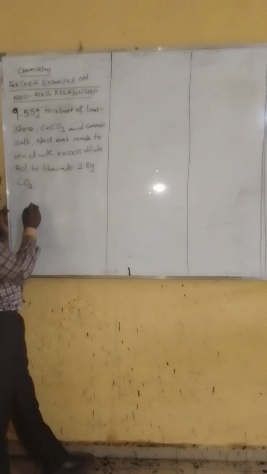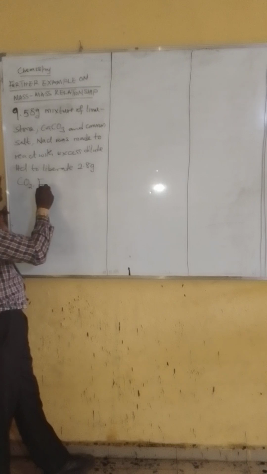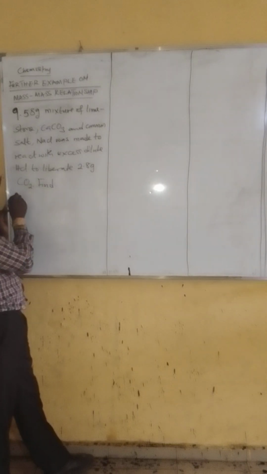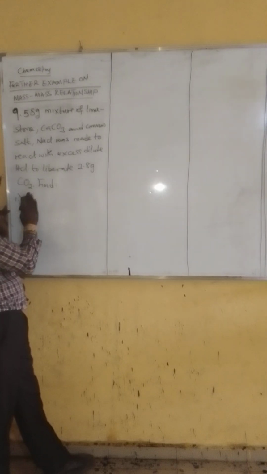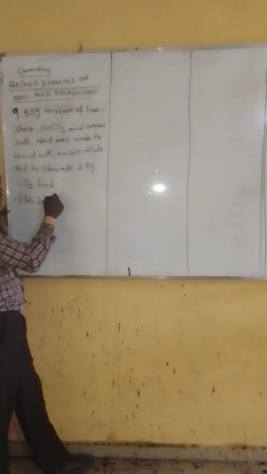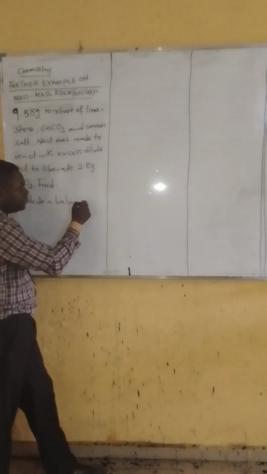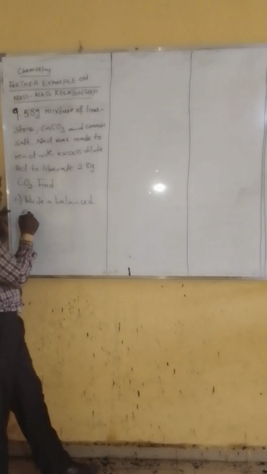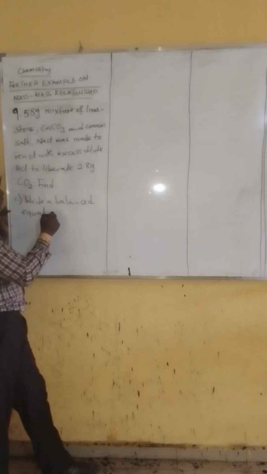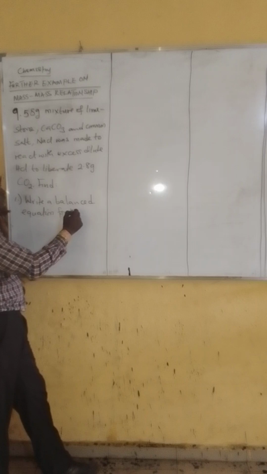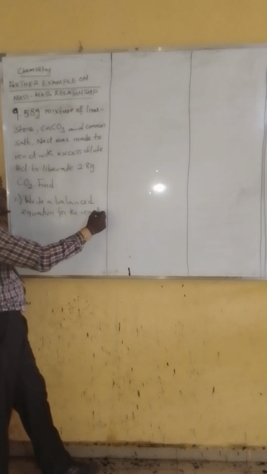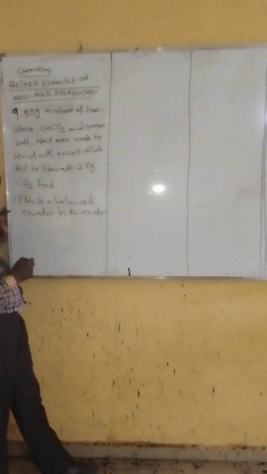Now from here they say find number 1. Find the mass. Okay, first write a balanced equation for the reaction. That's the first thing to do.